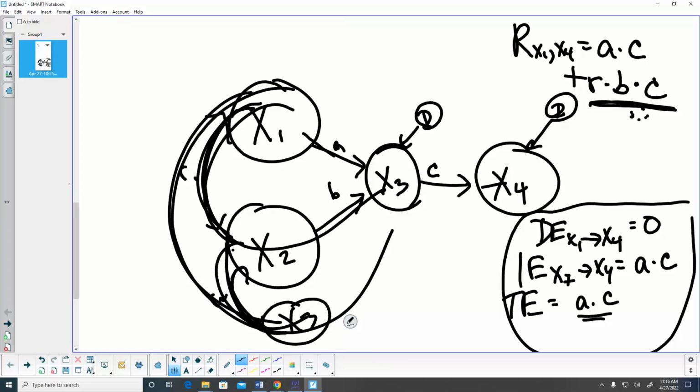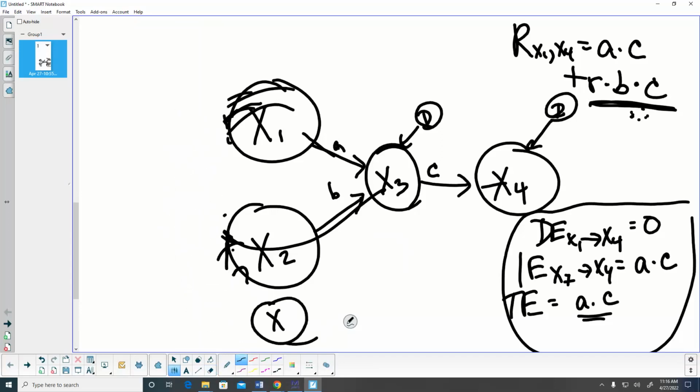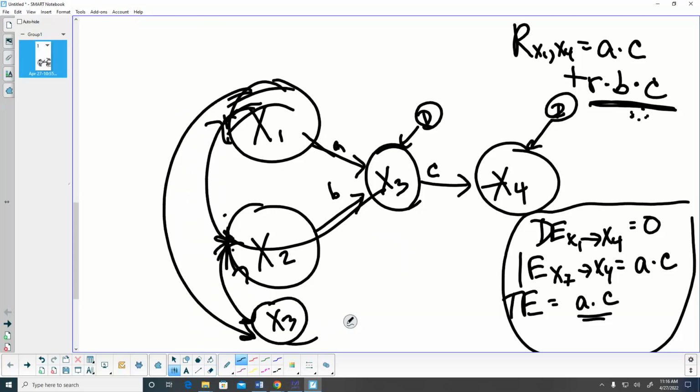Now I've made a big mess of this, but hold on a second. Let me get rid of this. Let's say I have these correlations. So I'm doing x1 on x4.